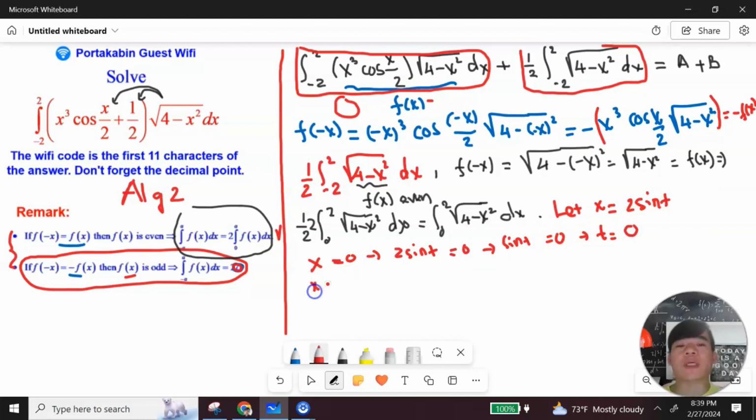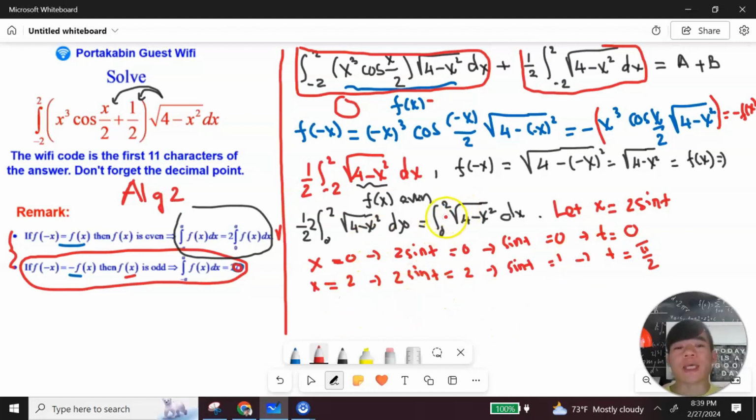Now s equals 2, and then 2 sine t equals 2. And then sine t equals 2 divided by 2, equal to 1. Sine t equals 1, t equals pi over 2, right?